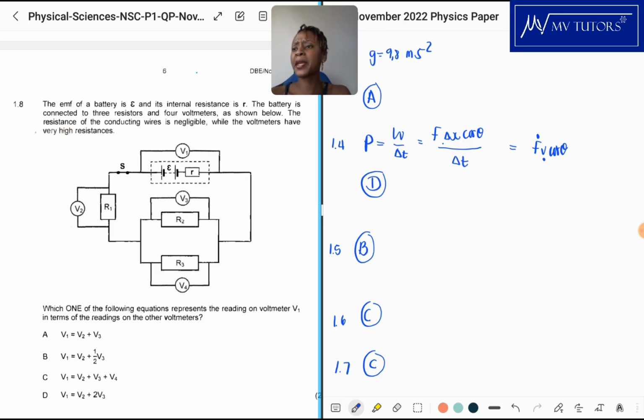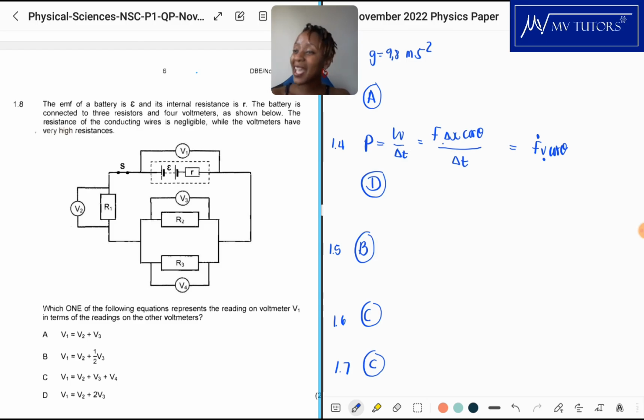Which one of the following equations represents the reading on voltmeter V1? So that is V1, that is reading the potential of the battery and the internal resistance together. What is the reading on voltmeter V1 in terms of the readings of other voltmeters? What do we know about voltmeter one?